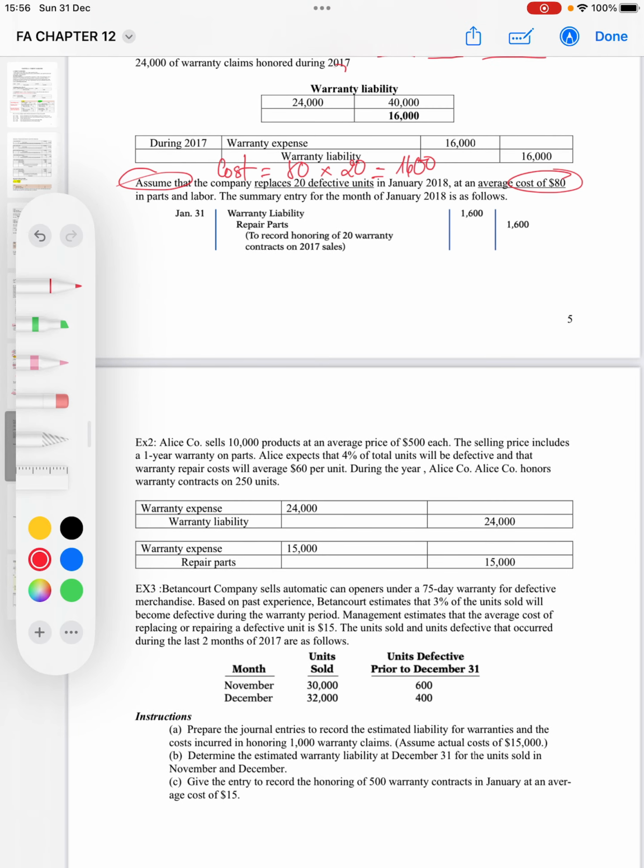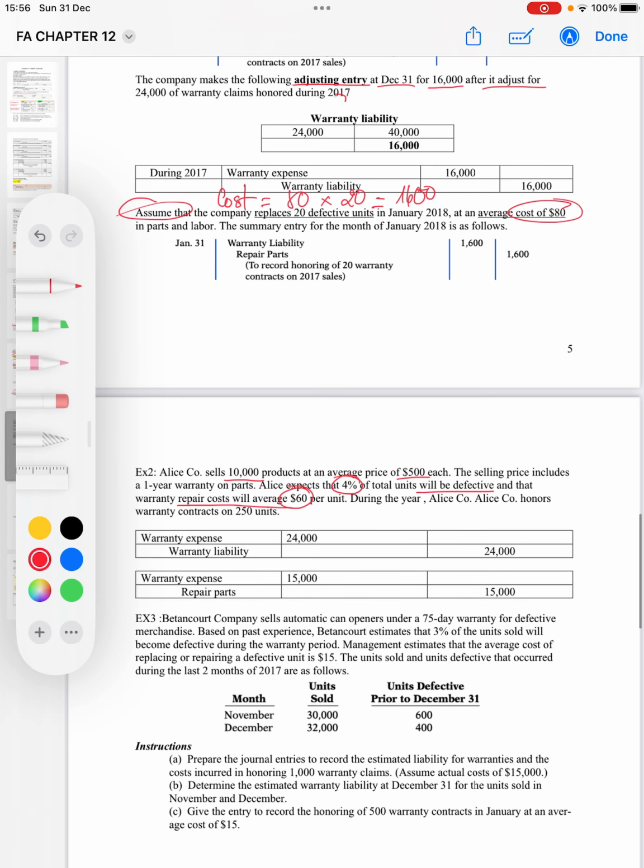For example, this company Alice sells 10,000 products with a price of 500. The selling price includes warranty, of course, and they expect that 4% will be defective, and the repair cost is $60 per unit.